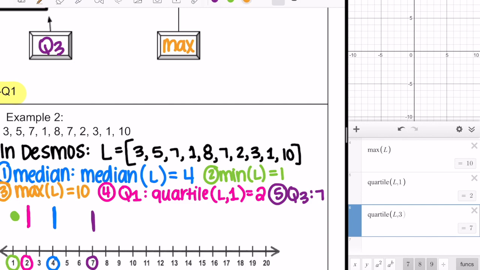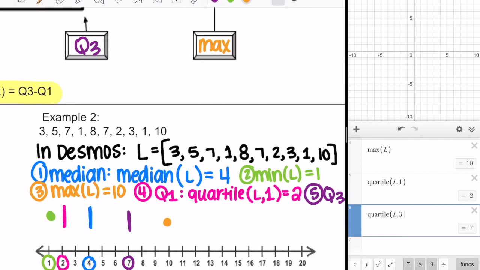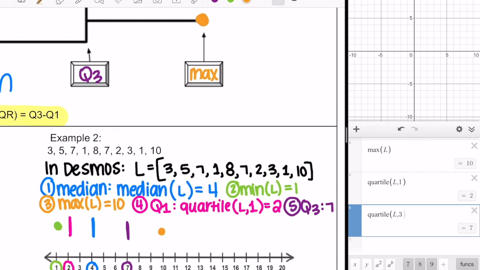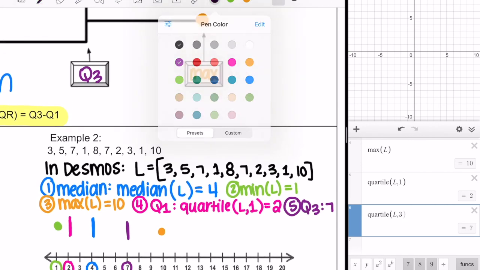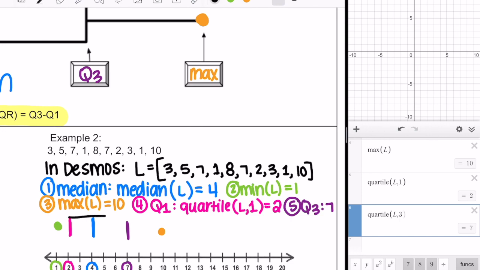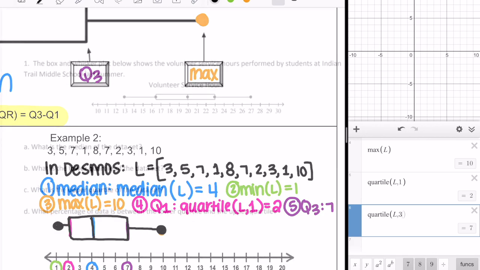Oops, and then I forgot to put our max, which was 10. So that was the end of that whisker. Okay, so now we can create the box. So the box is created by the 3 lines, and then the whiskers going off to the sides. And there's our box and whisker plot.